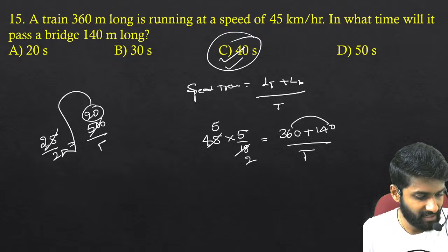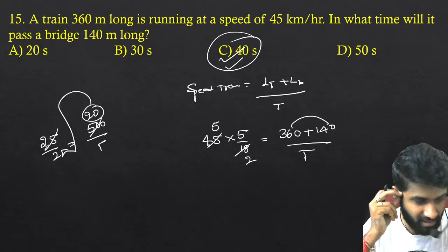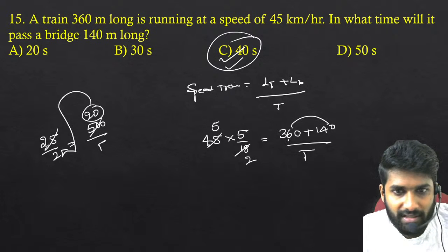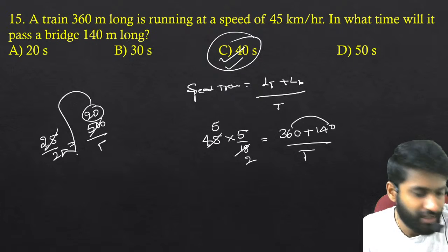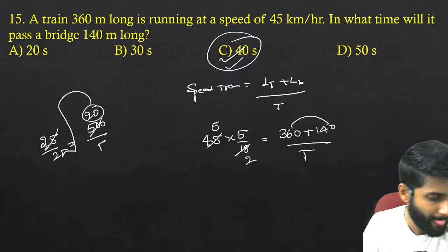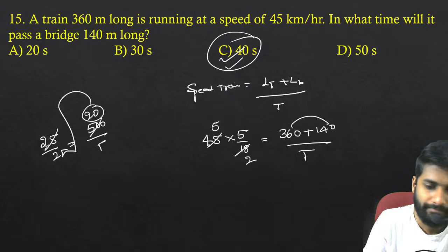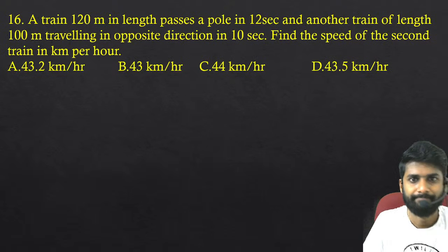The resultant becomes exactly equal to, okay, 360 plus 140 is 500. 400, 25 twenties are 500. They become 40. Next one.